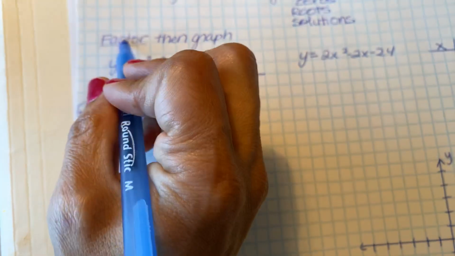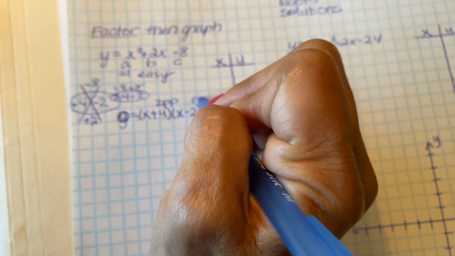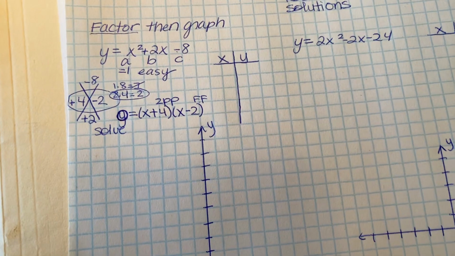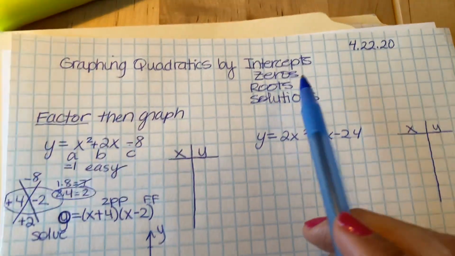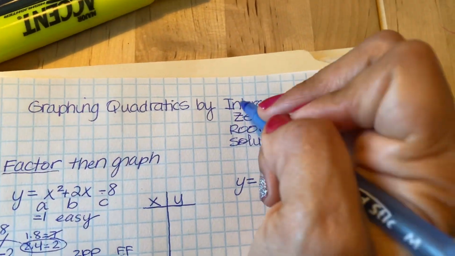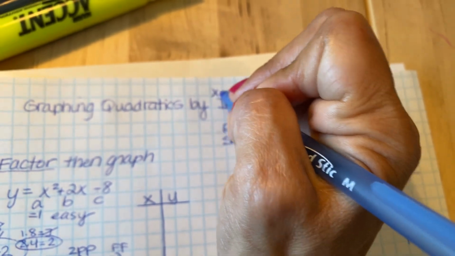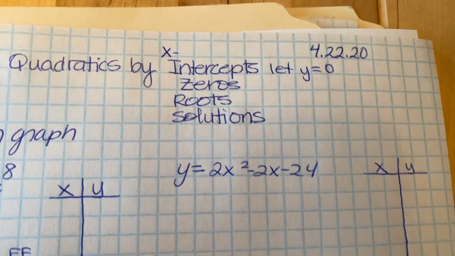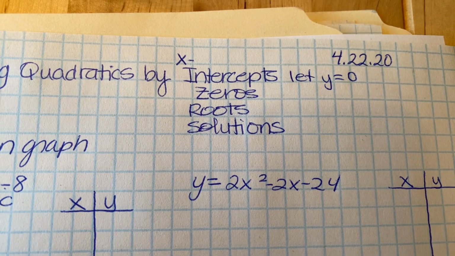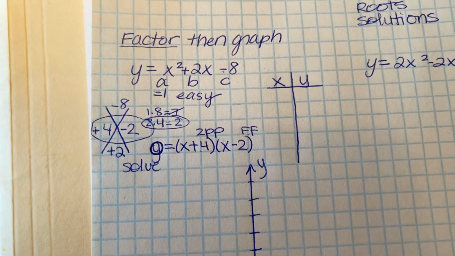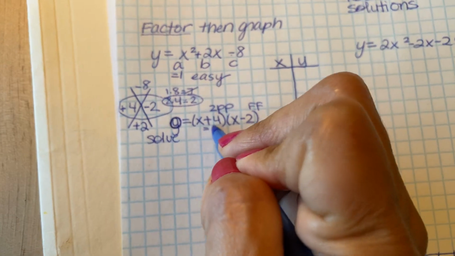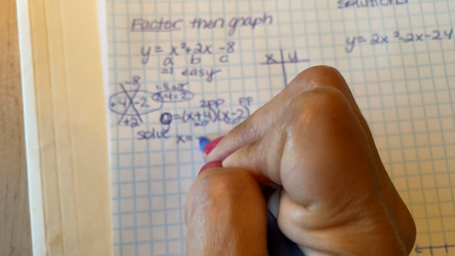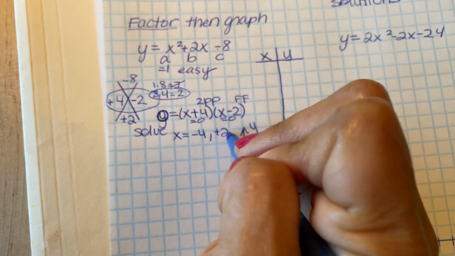This is factored form, but if I ask you to solve it, we let y equal 0 because we're going to find the x-intercept, right? How do you find an intercept? Well, if I want the x-intercept, then I let y equal 0, correct? Okay, so zero product property. If I set each of these binomial factors equal to 0, I get x is equal to negative 4 and positive 2.